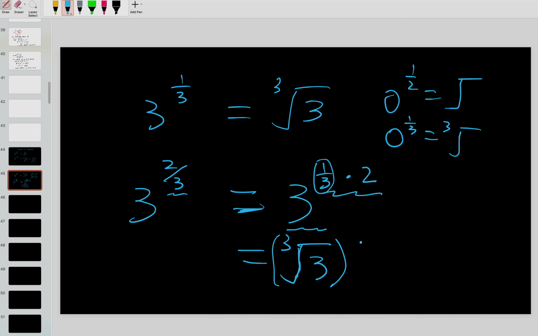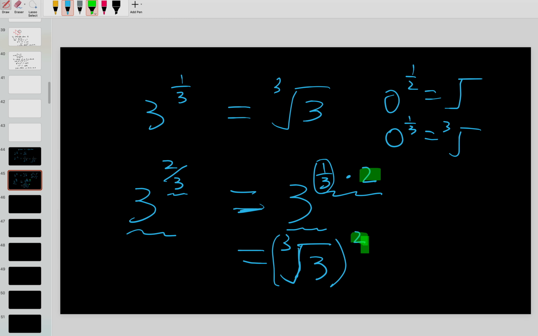Before you put the square, you put a bracket. This is the answer for this one. The 2 is outside. 3 to the power 1/3 is cube root 3. Are you clear? Okay?